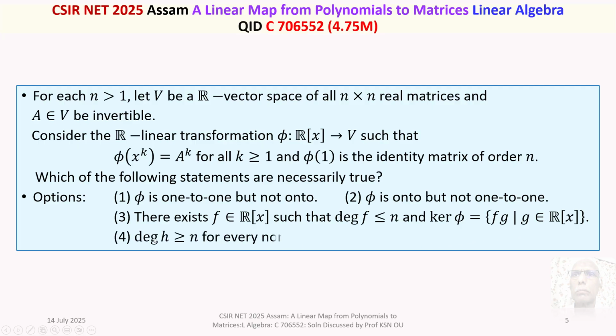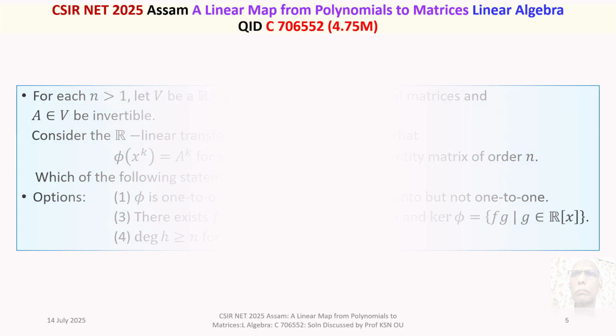Option 4, the degree of h is greater than or equal to n for every non-zero h belonging to the kernel of phi. Right.